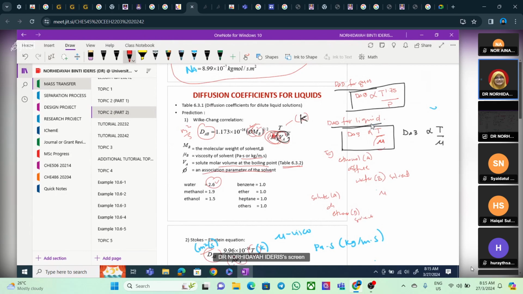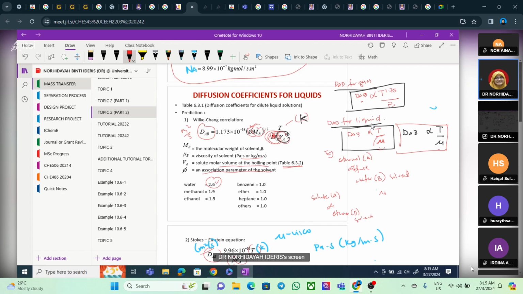Kalau untuk DAB for liquid, dia punya correction factor DAB berkadar terus dengan T over mu. So nampak kat sini kan, untuk gas perubahan temperature dengan pressure memainkan peranan dekat nilai DAB, influence the value of the DAB. But for the liquid, the temperature and the viscosity will influence the value of the DAB.